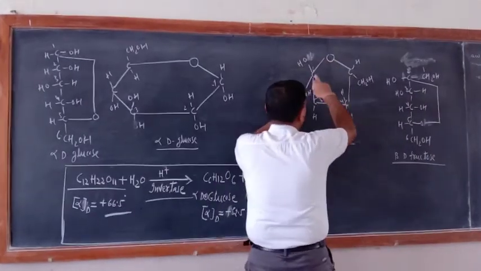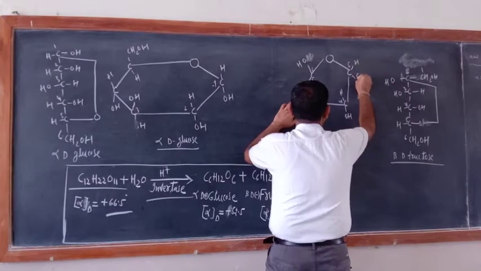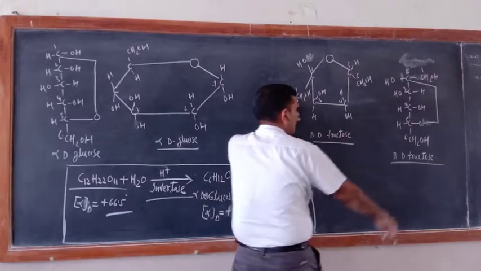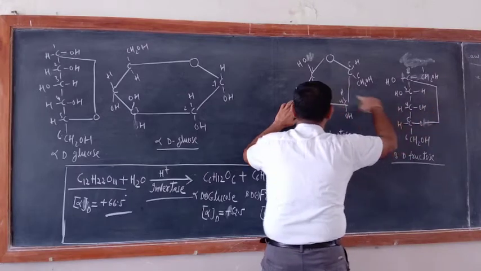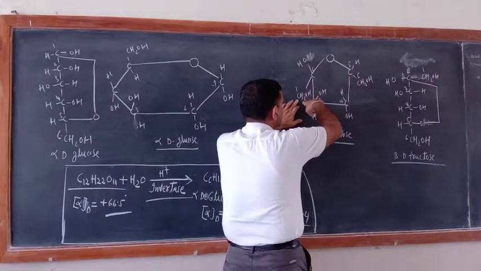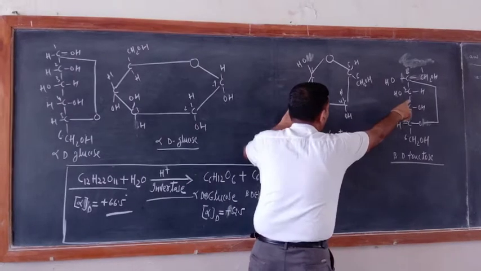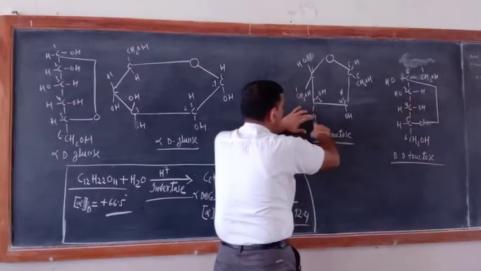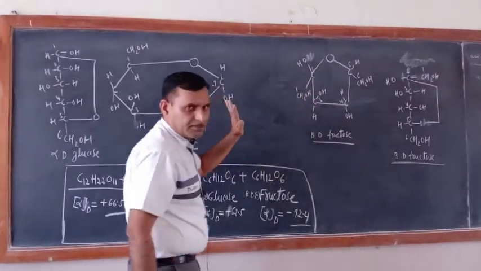Carbon number 2, 3, 4, 5, 6, and of course this is carbon number 1. At carbon number 2, groups on the right hand side would be down. At carbon 3, H is on the left hand side, so it would be down, and OH would be upside. Like that it is made.